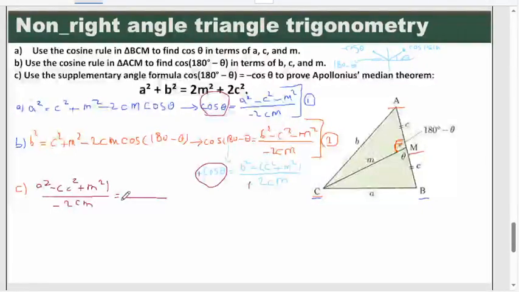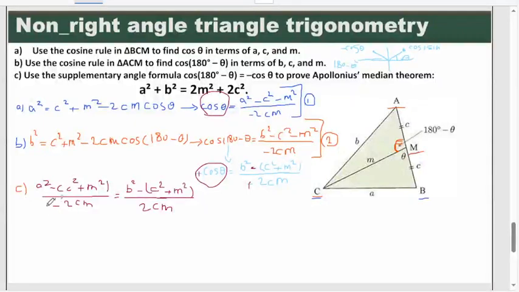So I have to write the right side, which is B squared minus C squared plus M squared over 2CM.